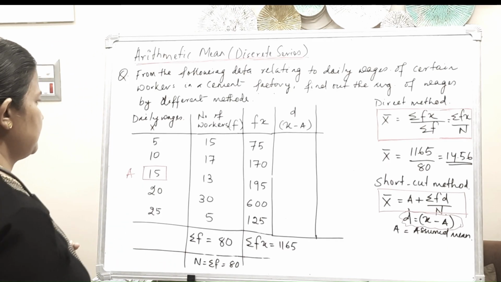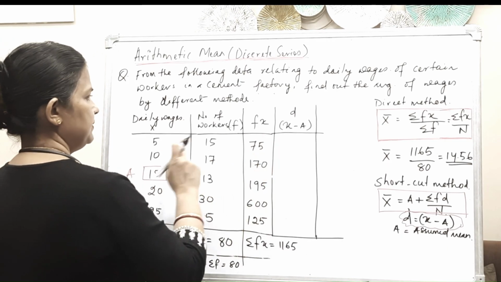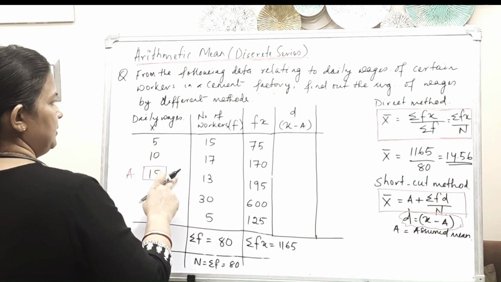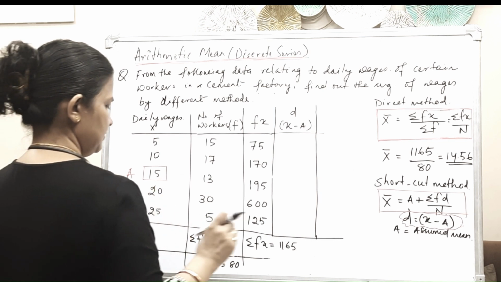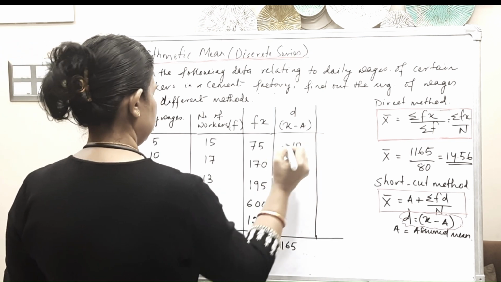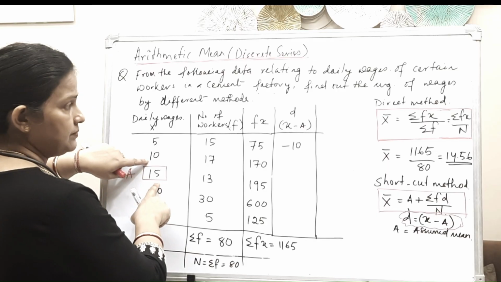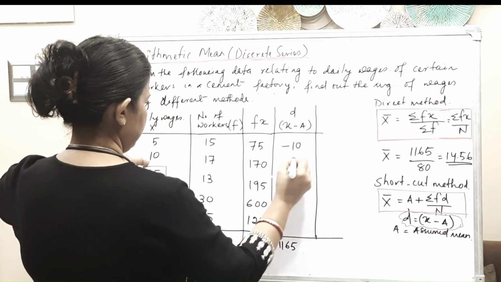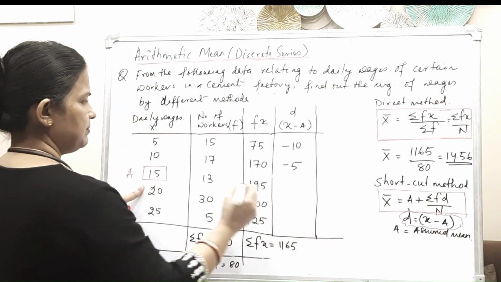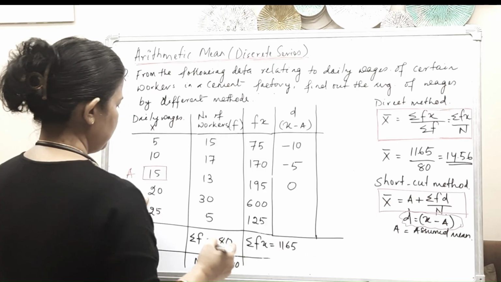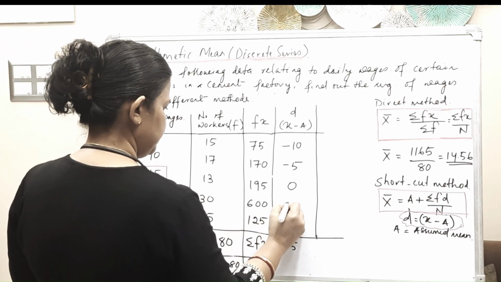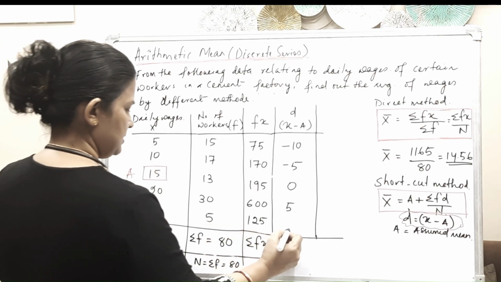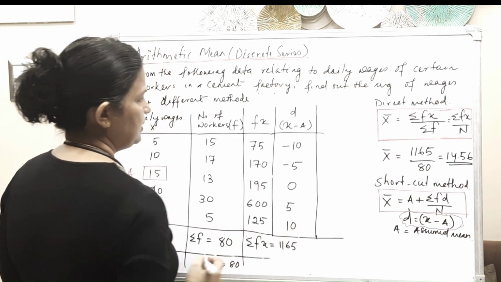So to calculate this one, first we need to find d. 5 minus 15, this is equal to minus 10. 10 minus 15 is minus 5. Then this one 15 minus 15 is 0. 20 minus 15 is 5. 25 minus 15 is 10.